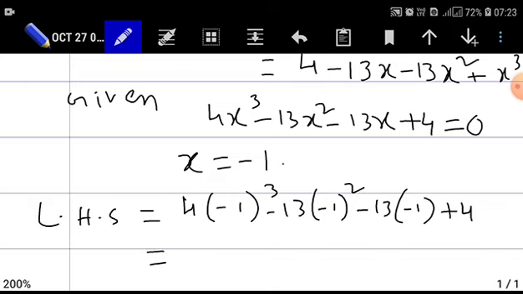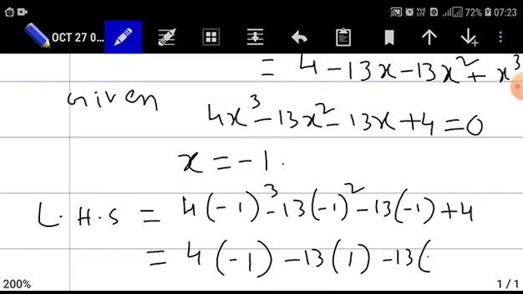So 4 into minus 1 cube: it is an odd power, so we get minus only. Minus 13 into minus 1 square: even power, so we get 1, and minus 13 into minus 1 itself, plus 4.